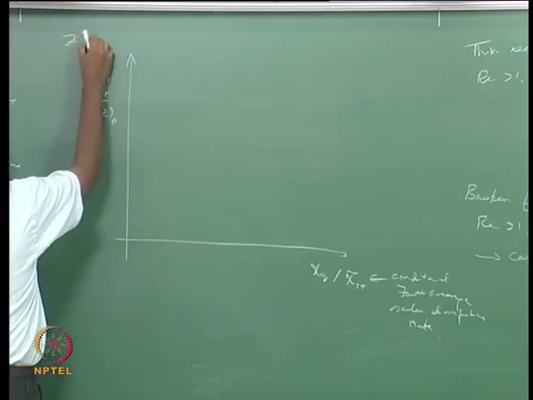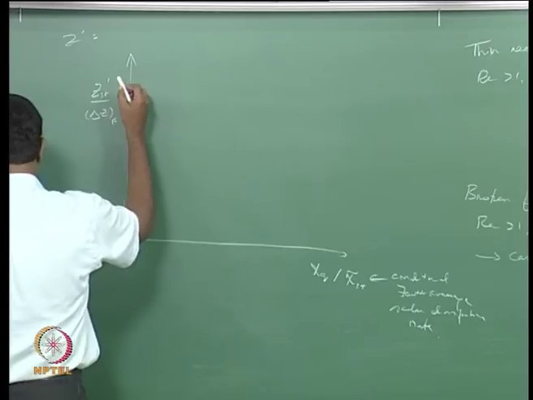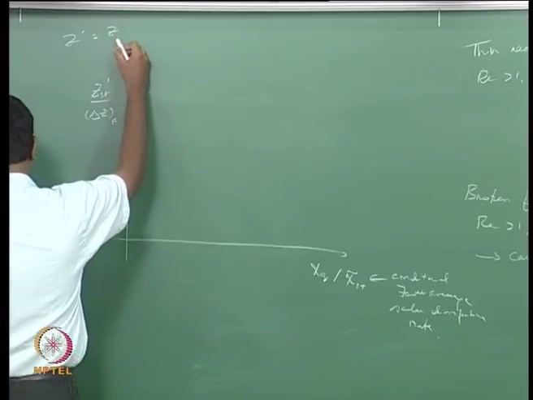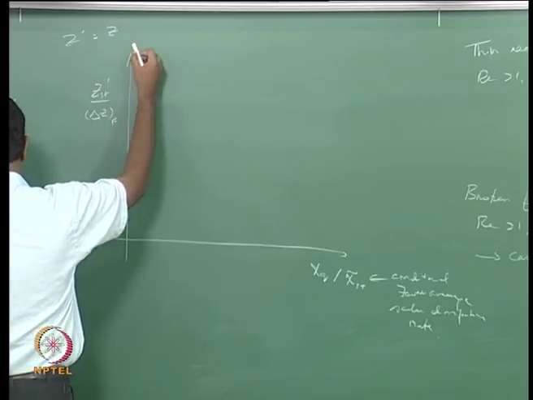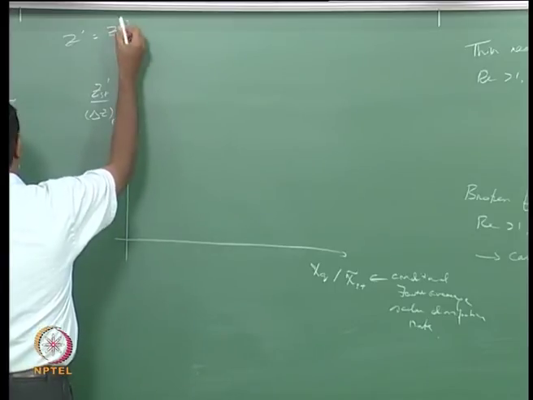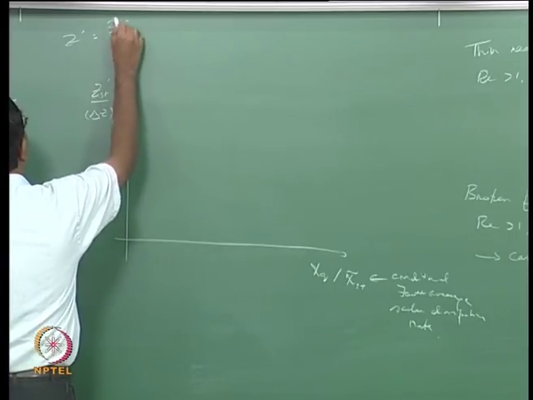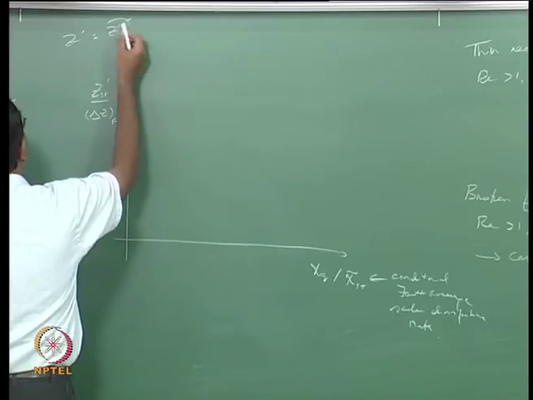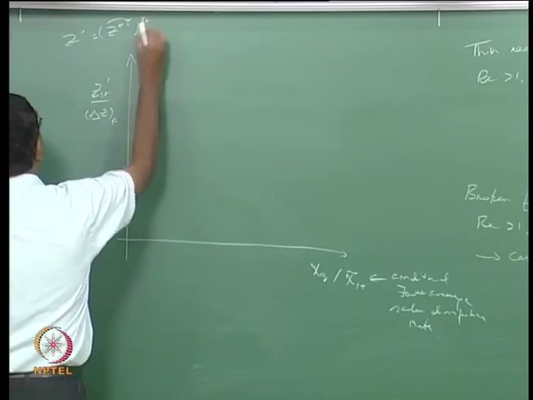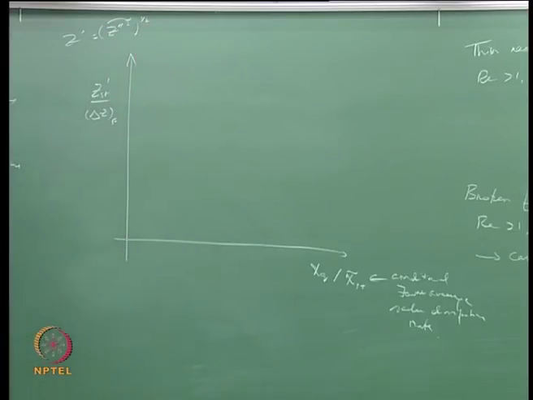So Z prime is nothing but Z double prime squared tilde to the half. The double prime essentially indicates a power averaged fluctuation.